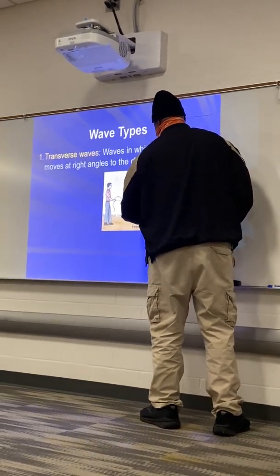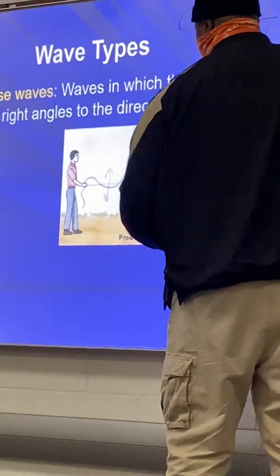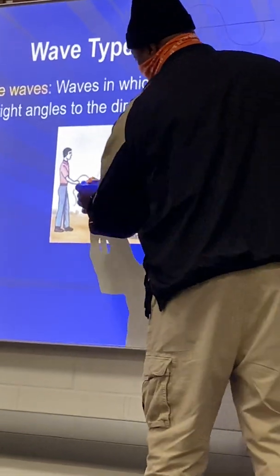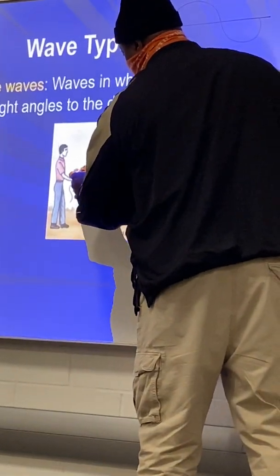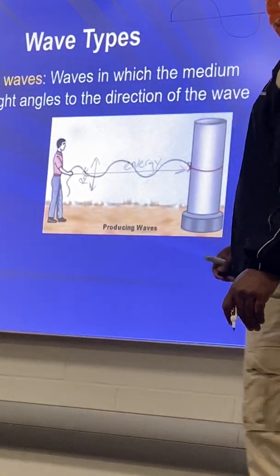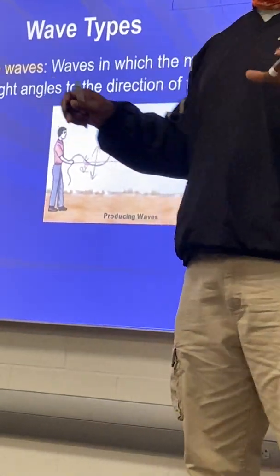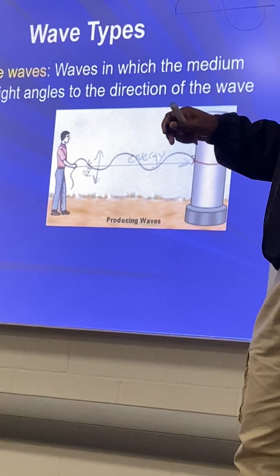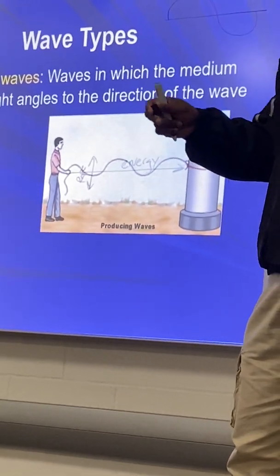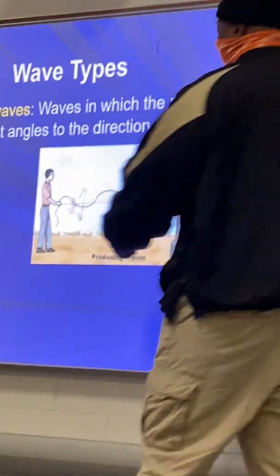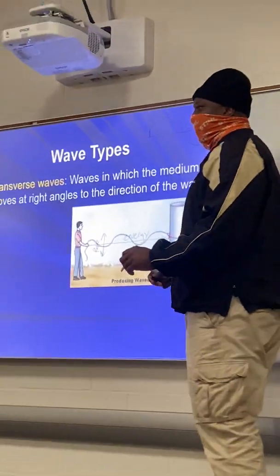So that's perpendicular, is that right? I think that's the math word, right? Energy's going that way. The rope is going that way. Aren't they going perpendicularly to one another? Is that the word? Say yes, in agreement. It's rhetorical, of course I'm right. Okay, so that's what we call a transverse wave.